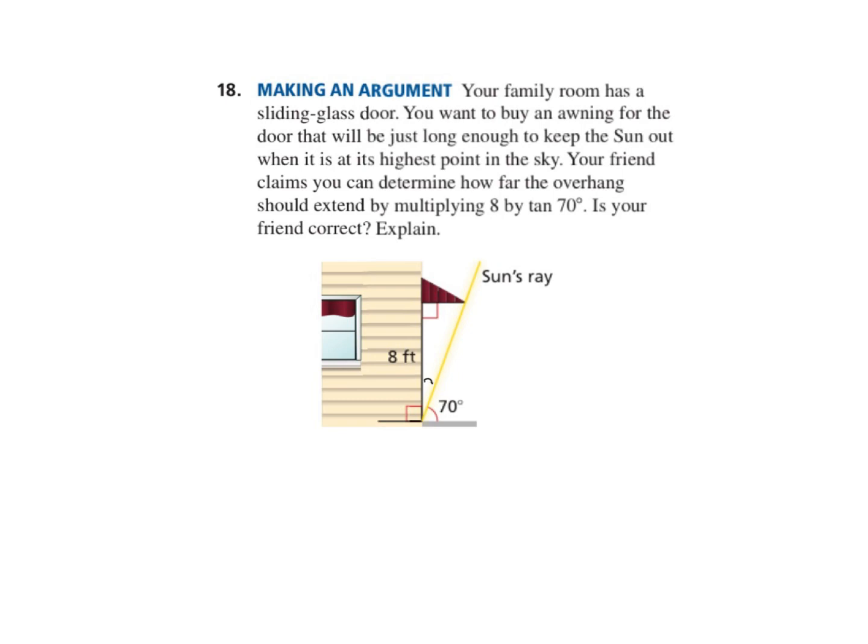So what's this angle right here? Or you could just extend the other side and do this as 8. If that's 70, you do the tangent of 70. That equals the opposite leg over the adjacent leg, which is also how far the awning has to come out, x.